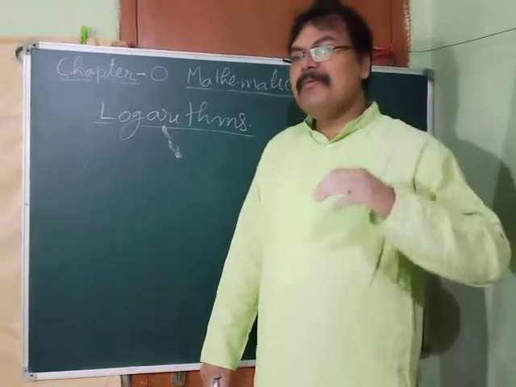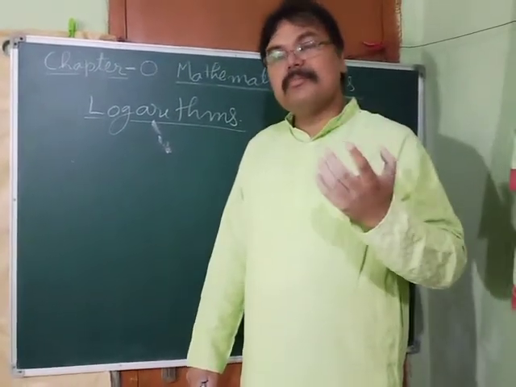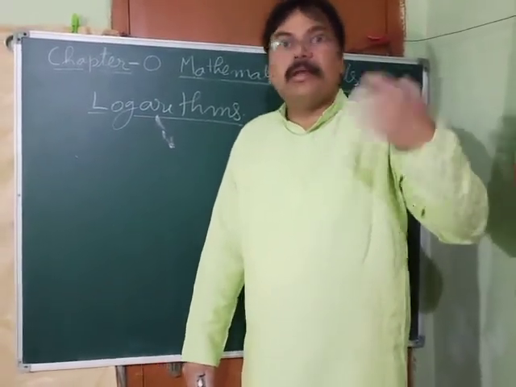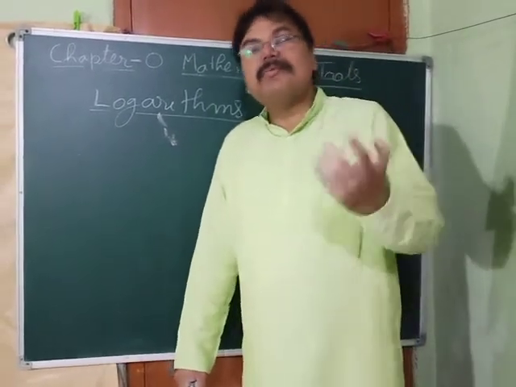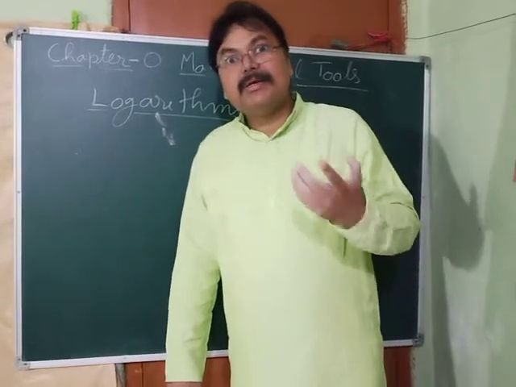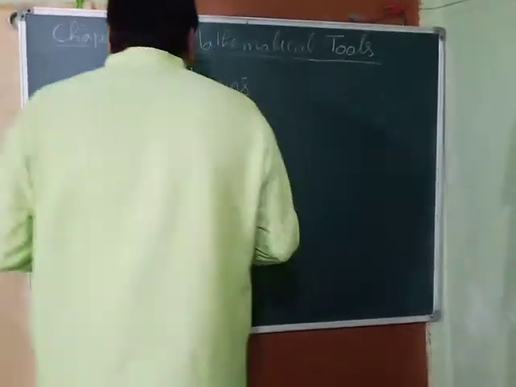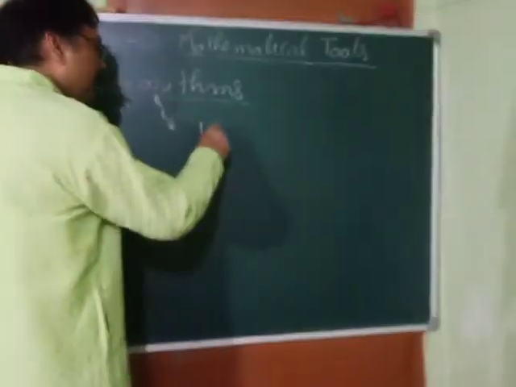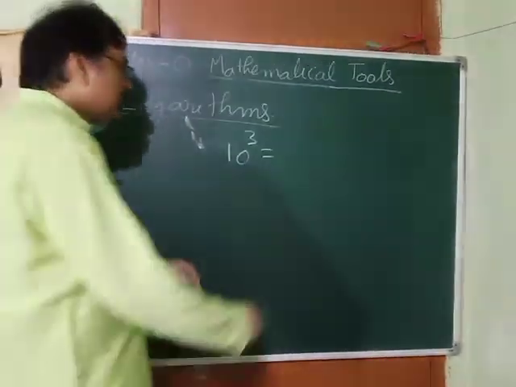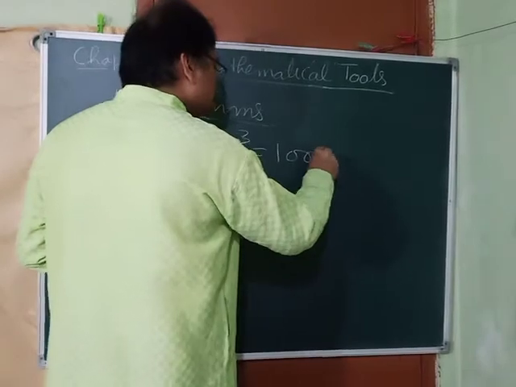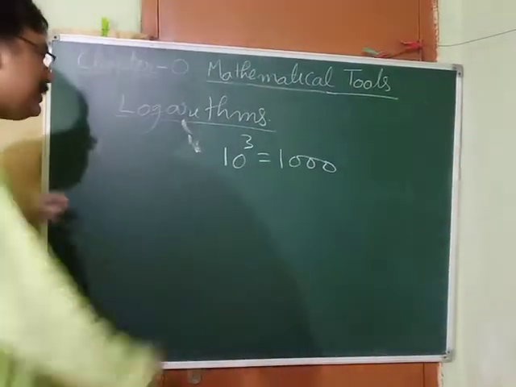Now see, when children hear about the logarithm, actually a fear factor arises in them. But it is not like that. It's not a new thing. You are very much aware of it. What is it? Let's see. You very well know, you can write 10 cube is how much? 1000. Now tell me, what is the base here?